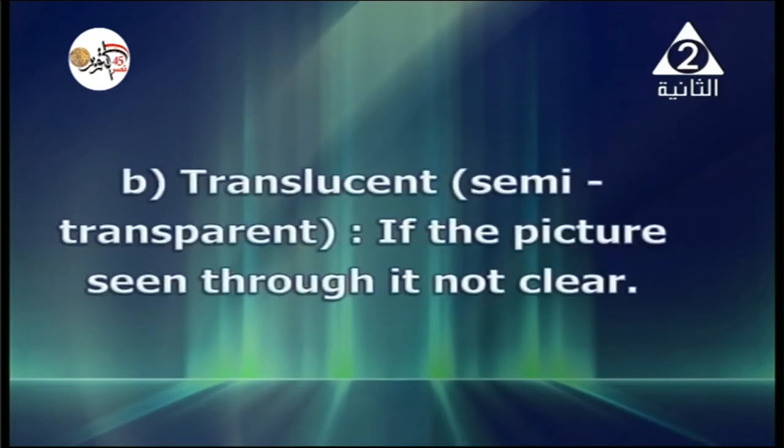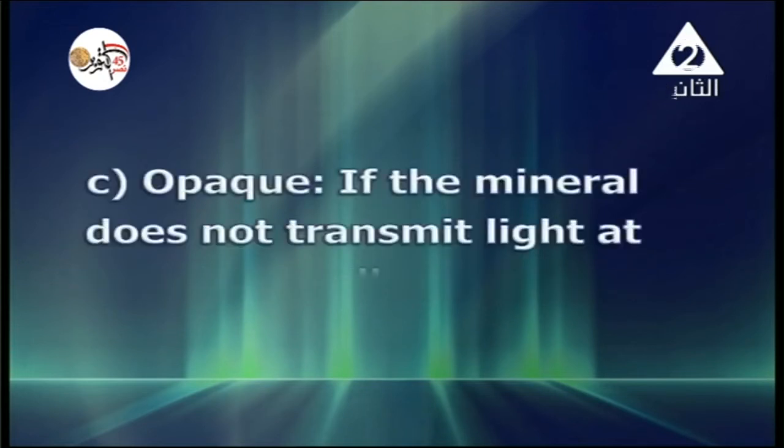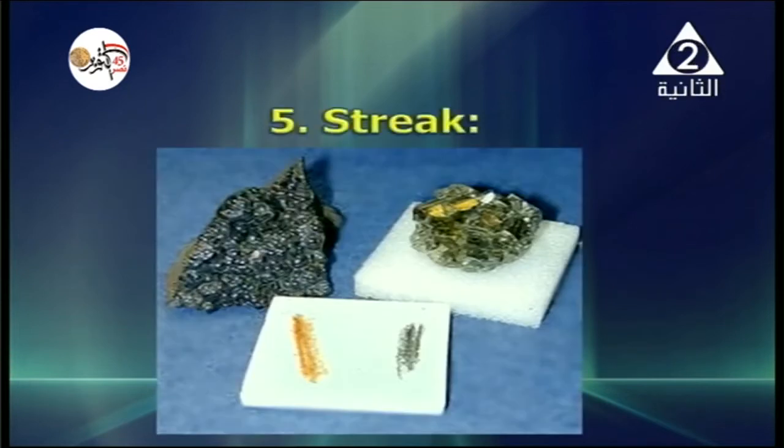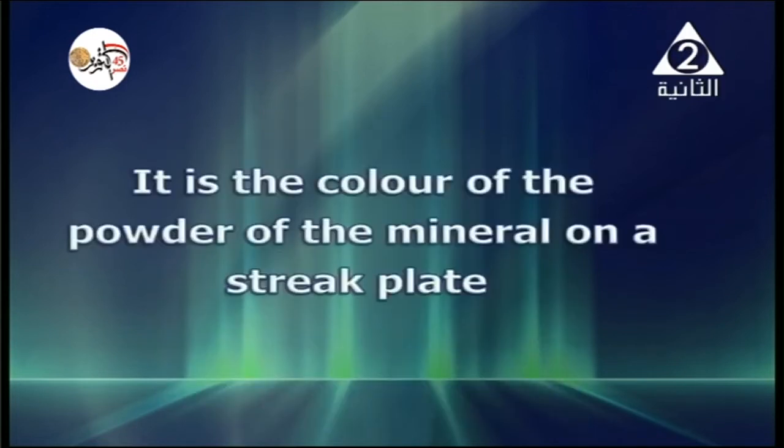Also, we have translucent, which is semi-transparent minerals, where the picture seen through it is not clear. And finally, we have opaque minerals, if the mineral doesn't transmit light at all. We have also streak, which is an optical property. It is the color of the powder of the mineral on the streak plate.